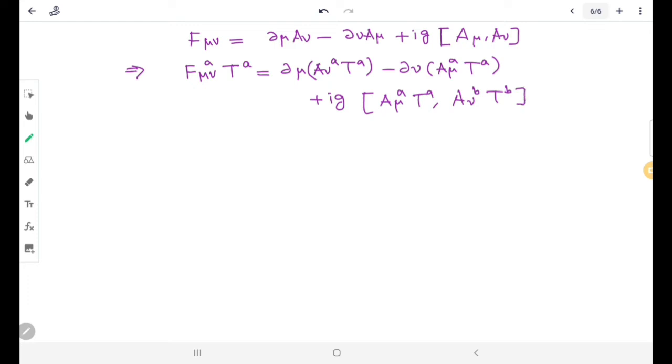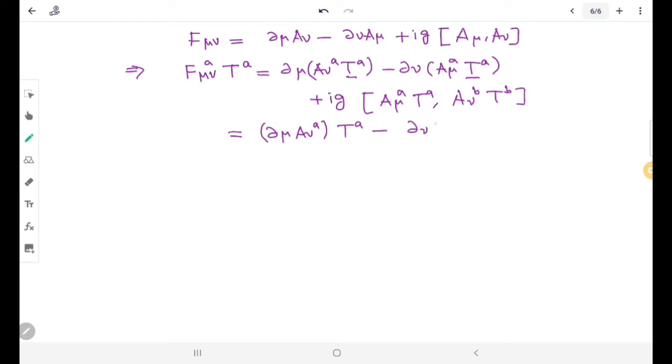Now, the generators Ta of the Lie group, or the basis vectors of the Lie group, are not functions of space-time, so we can pull them out. The derivative will act only on A, which is a function of space-time, and Ta will be free.